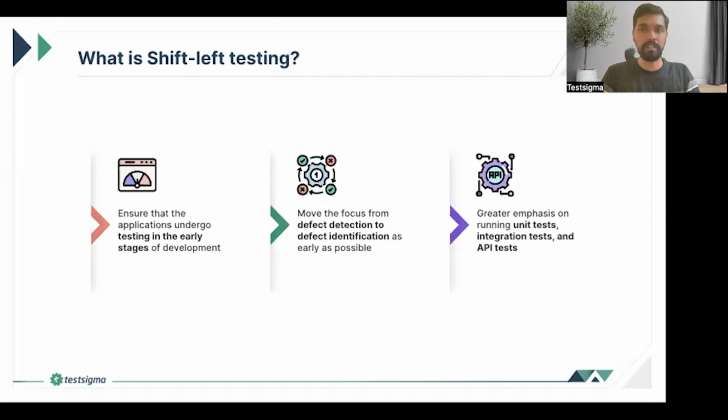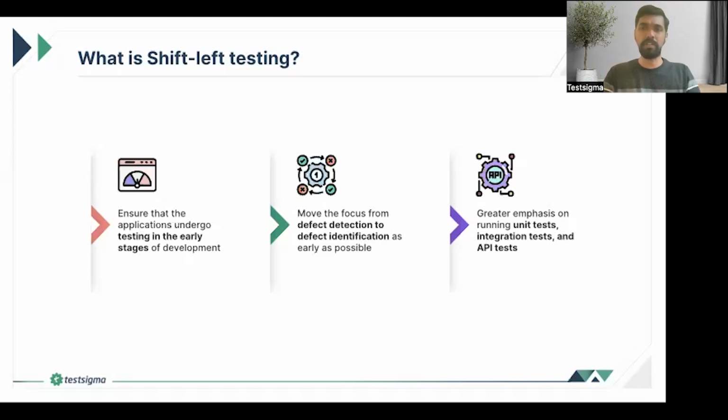That is fine, but there the primary focus is on defect detection, rather than on defect identification. The more you focus on identifying defects early, the more stable your application is going to be. That is the whole crux of shift left. So moving testing towards the earlier stages of development is one part of it. Focusing on identifying defects rather than detecting them later in your staging environments is also key to shift left testing.